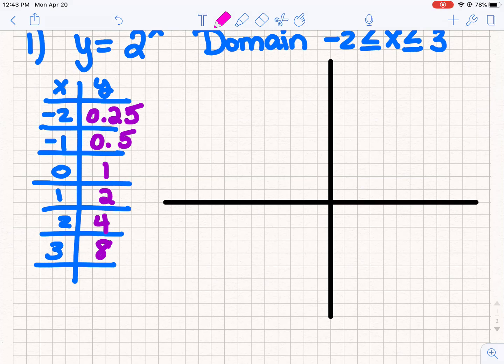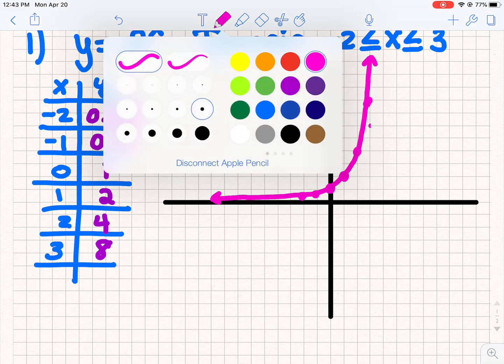So negative 2 and 0.25 should be right about there, and then we slowly come up. I'm just putting in the numbers that are in the table: 4, and then 3, 8. 1, 2, 3, 4, 5, 6, 7, 8. Now, when you connect this, you need to skim along the boundary without crossing it. If you crossed it, you probably lost a point. So that's how you got full credit for number 1.